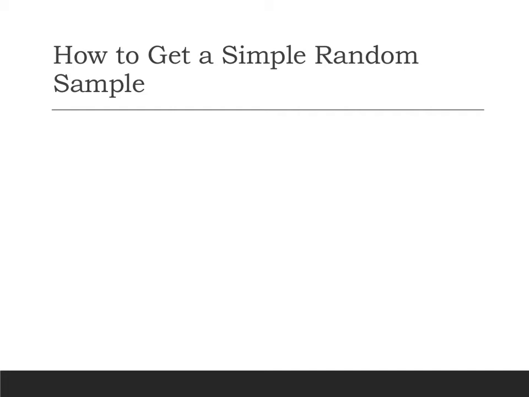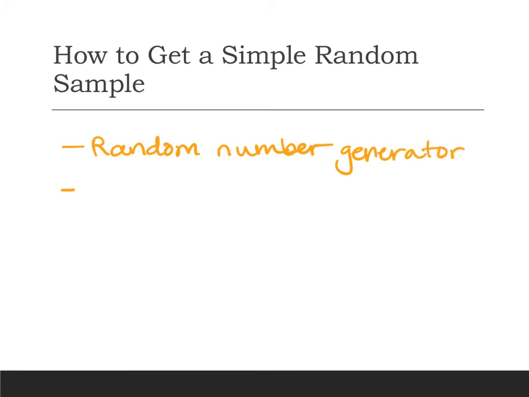There are lots of different ways that we can get a simple random sample. And so usually the most common is going to be a random number generator. We can also use drawing. We can use some sort of probability method.